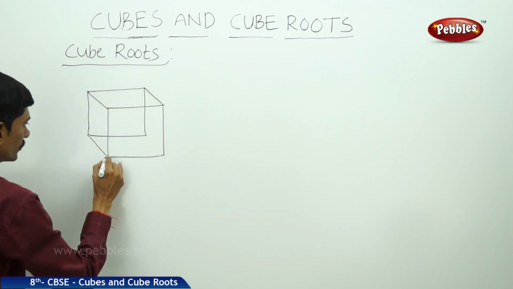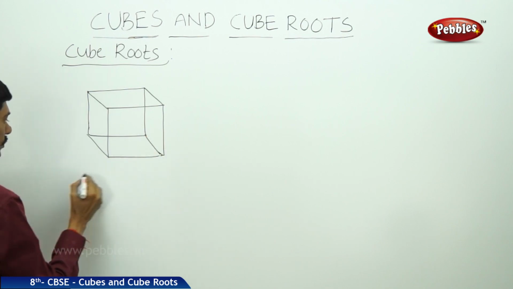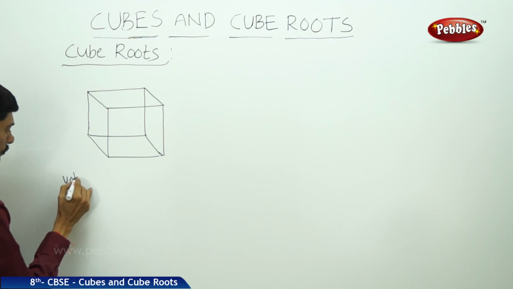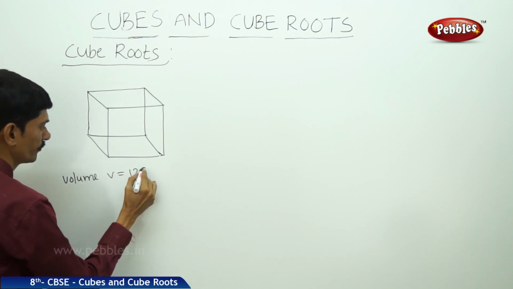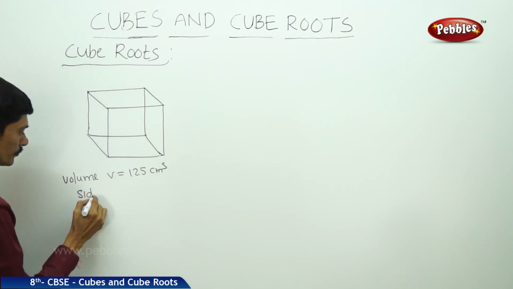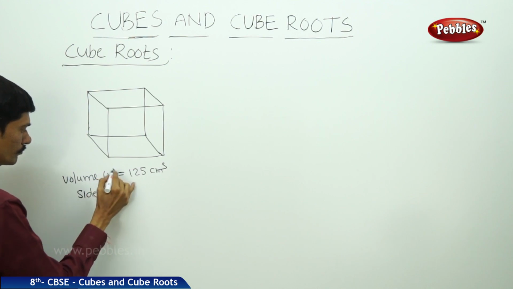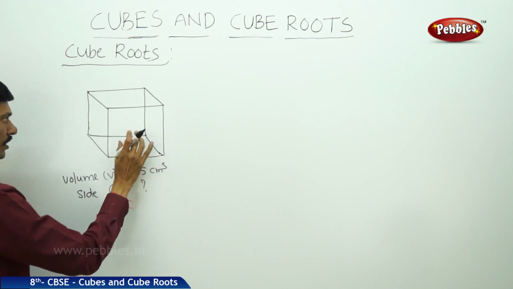Then what is the side of the cube? So what is the volume? V equals 125 centimeter cube. Then what is the side? Means you have to find the side of the cube.